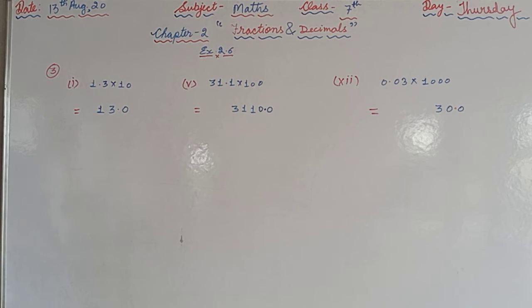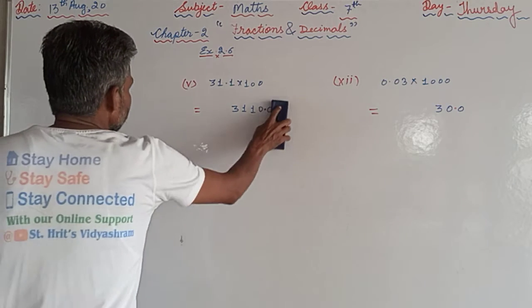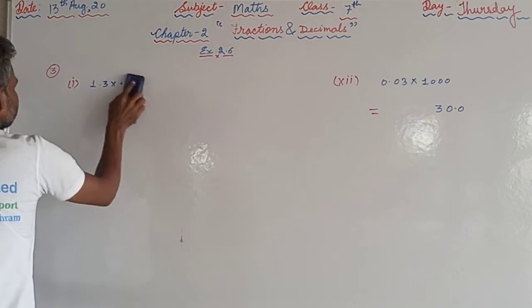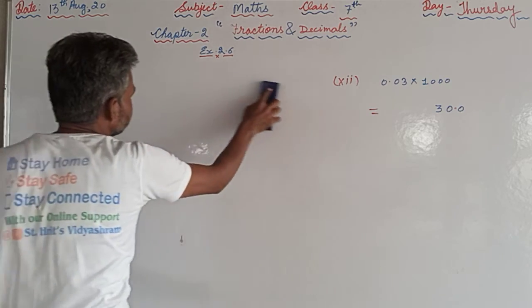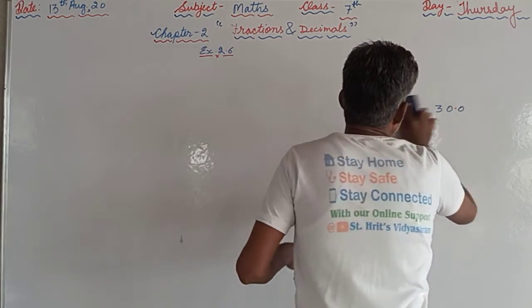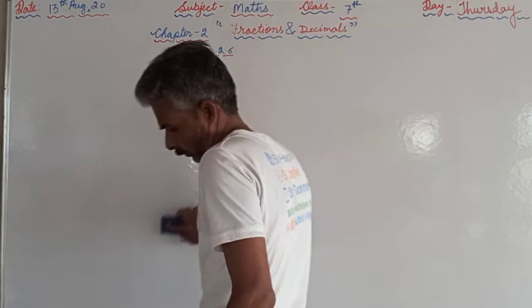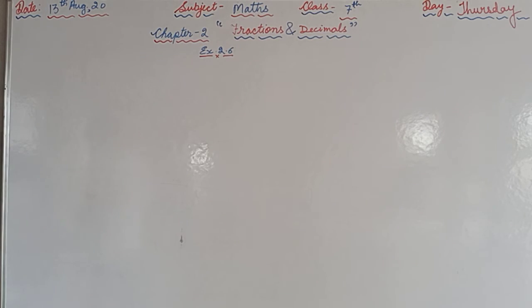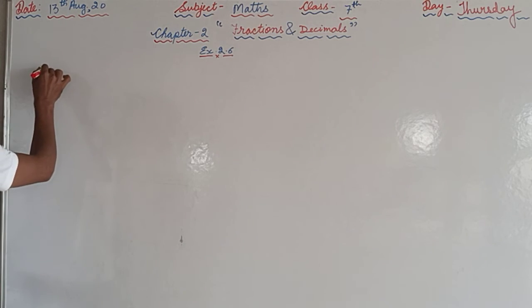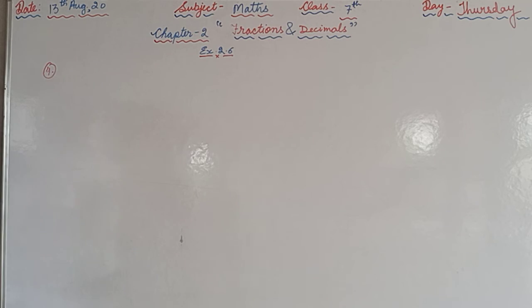Now in the next question, that is the word problem, we will discuss that. Question number 4. A two-wheeler covers a distance of 55.3 kilometers in 1 liter of petrol.